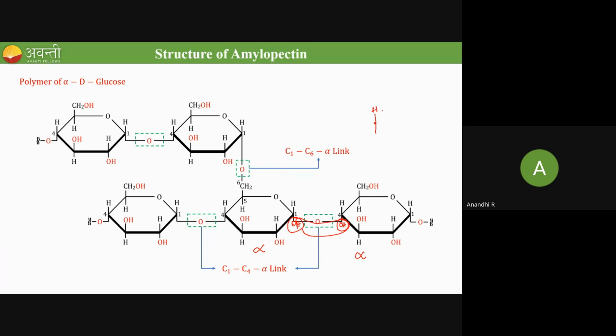If H is here and OH is here in the first molecule, and for the other molecule you find OH at the top and H at the bottom, the elimination of water occurs like this, and here you will have a beta linkage. So this is alpha and this one is beta. The alpha molecules produce alpha linkages and beta molecules produce beta linkages. Got it, Sandeep?